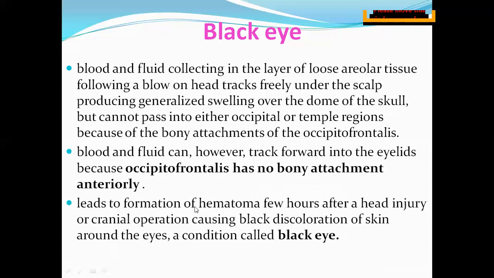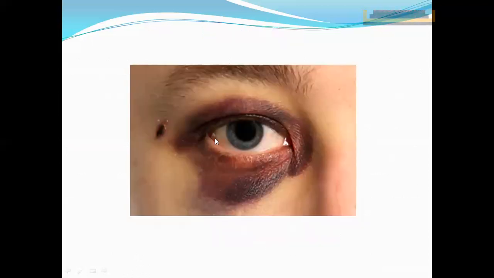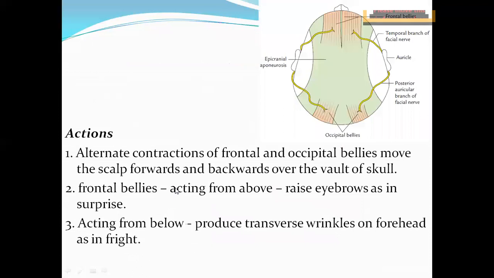So it leads to the formation of a hematoma a few hours after head injury or cranial operation, causing black discoloration of the skin around the eyes. You call this condition a black eye.